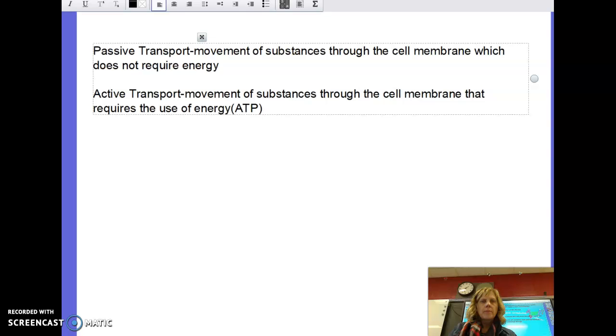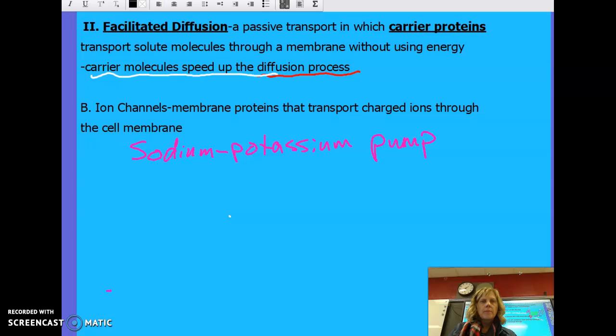So passive is like the diffusion when I put food coloring in water, that's obviously very, very passive. Facilitated diffusion is a type of passive transport in which carrier proteins are used to transport certain substances through the cell membrane, but it's still moving from an area where there's more of the substance to an area where there's none or less of the substance, just like my food coloring in my water.